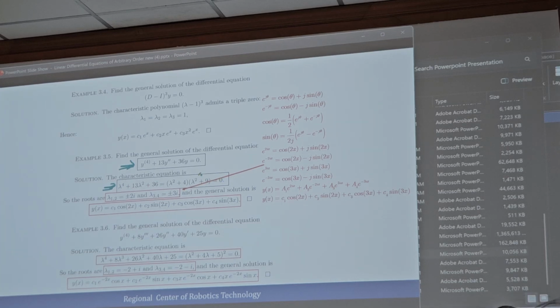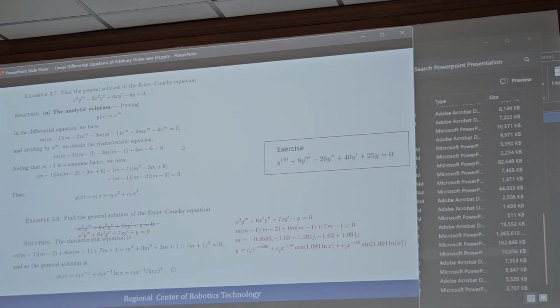You have the eigenvalue, and it repeats, so it can be written like this. And this one does not repeat anyway, so it can be written like this. This is the solution.